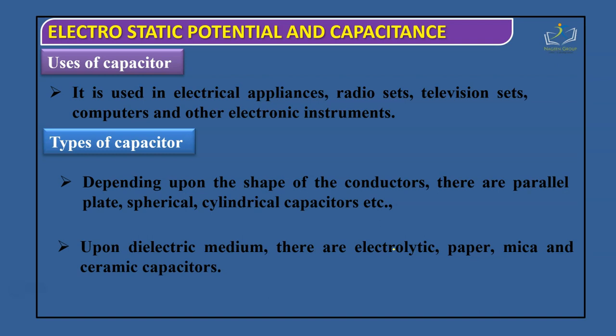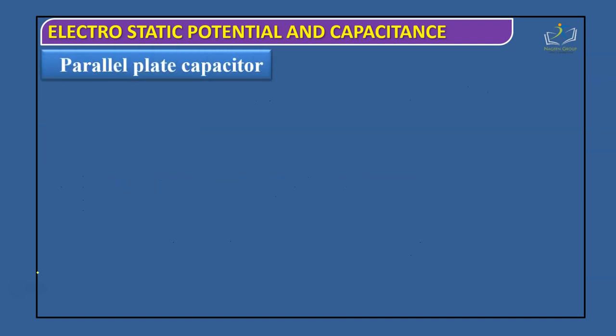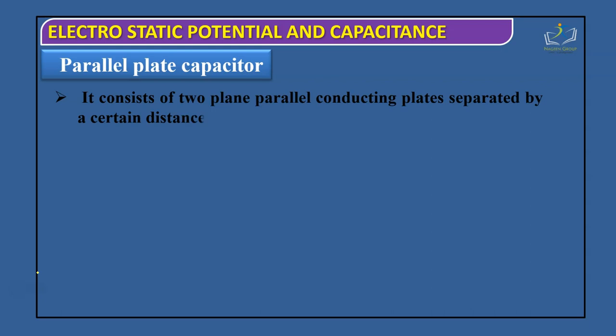There are parallel plate capacitors, and spherical or cylindrical capacitors. Depending upon the dielectric medium, there are electrolytic, paper, mica and ceramic capacitors. Now if I take the parallel plate capacitor, it consists of two plane parallel conducting plates separated by a certain distance. The distance between the plates is kept small.